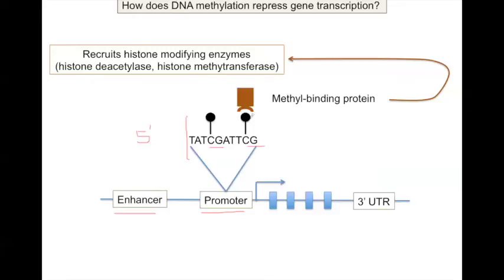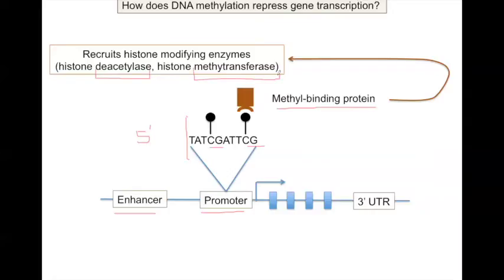This methylation of the cytosine residue creates a binding site for a methyl binding protein. This methyl binding protein can in turn recruit other modifying enzymes, such as a histone deacetylase, removing the acetyl groups from histone, and a histone methyltransferase, methylating, for example, histone 3 lysine 27.